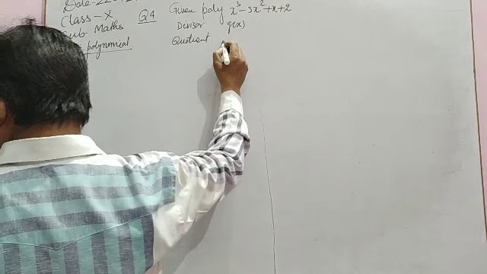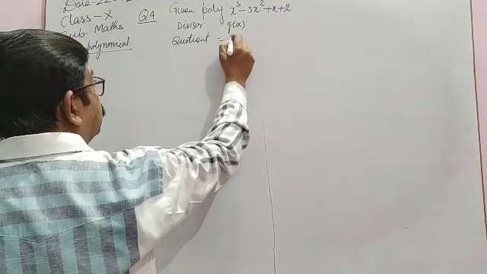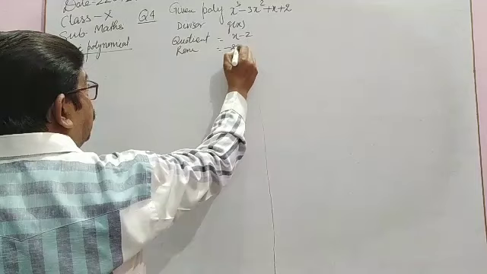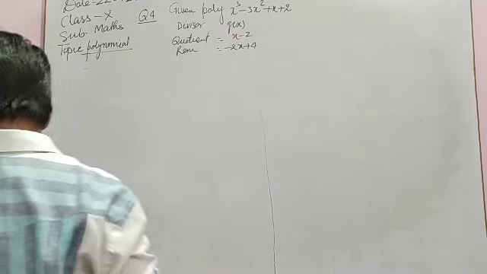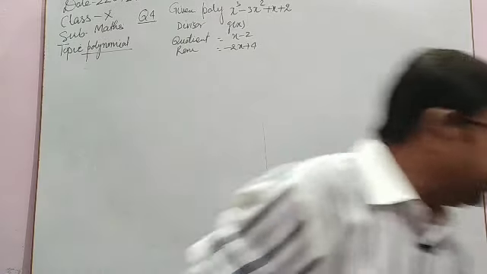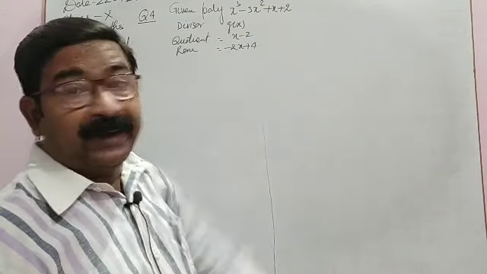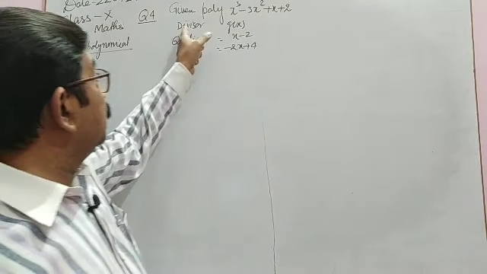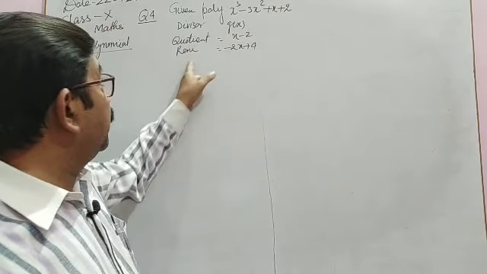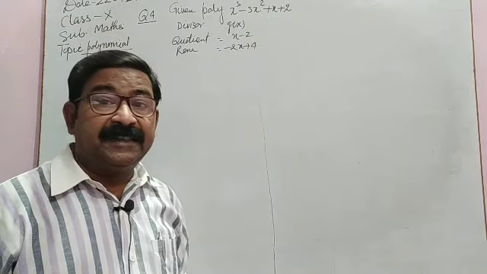Quotient is given, x minus 2. Remainder is minus 2x plus 4. So we have to find the value of g(x). Means we are given dividend, the polynomial to be divided, divisor g(x), quotient x minus 2, remainder is minus 2x plus 4. So we have to find the value of g(x).